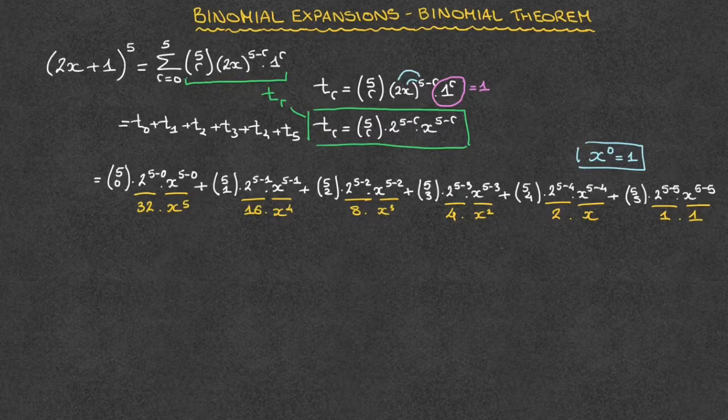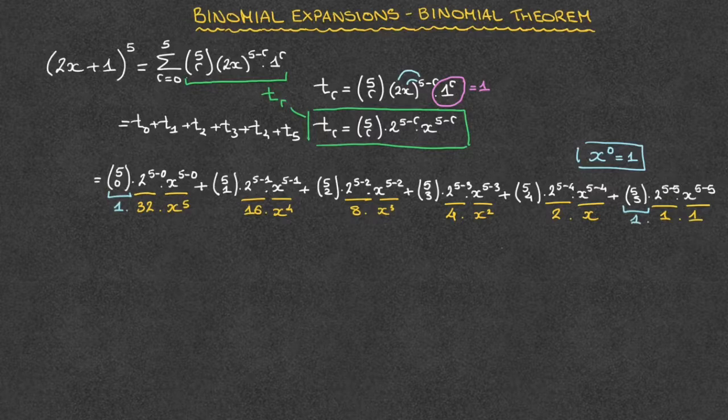Now that we've taken care of all the powers of 2 and of x in our expansion, we need to find the values of each of the binomial coefficients that we have. And for that, we can use the tricks that we learned in our previous tutorials. Remember, the first and the last binomial coefficient will always be equal to 1. So we can go right ahead and say that 5, 0 equals 1, as well as 5, 5. Done.